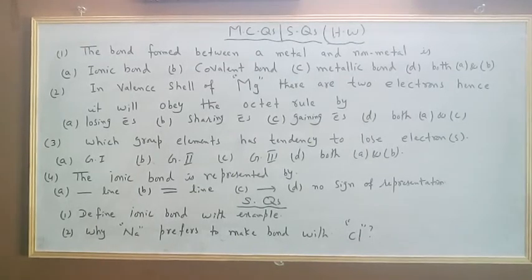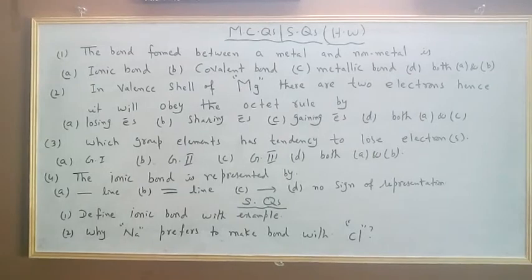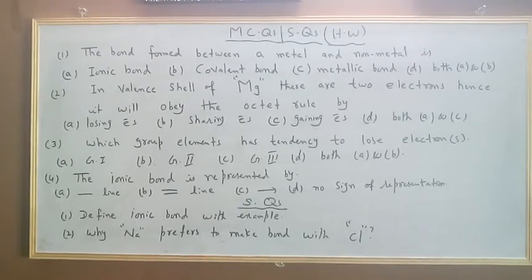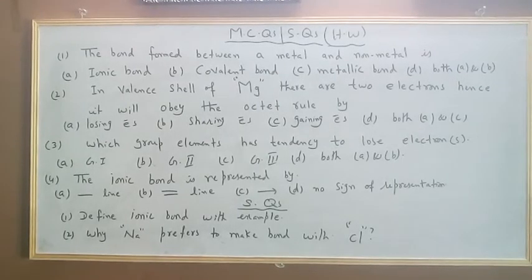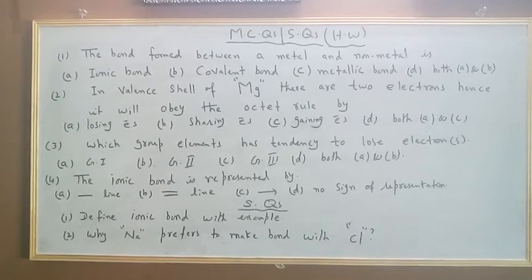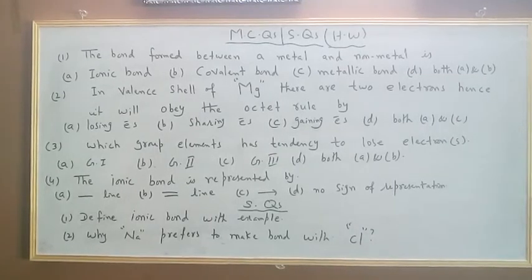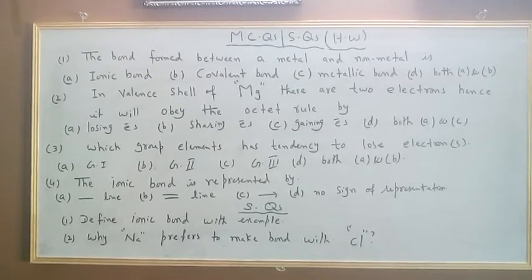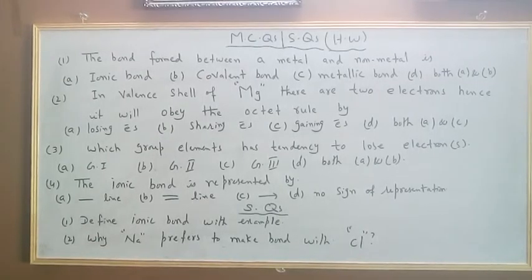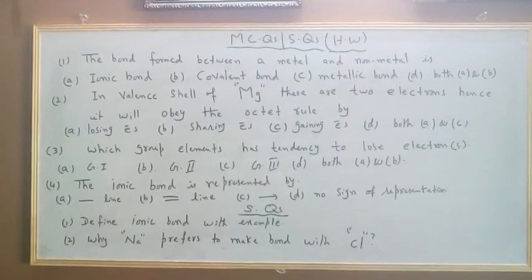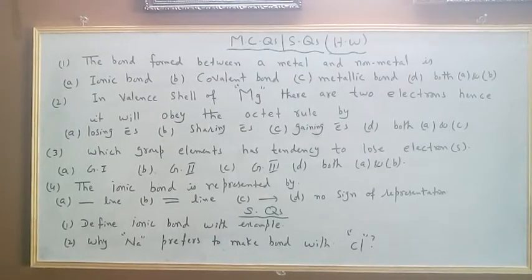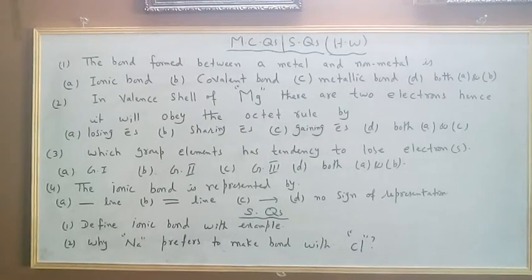The ionic bond is represented by A. Single line, B. Double line, C. By arrow, D. No sign of representation. These are 4 MCQs. You have to solve them and send them as your feedback.